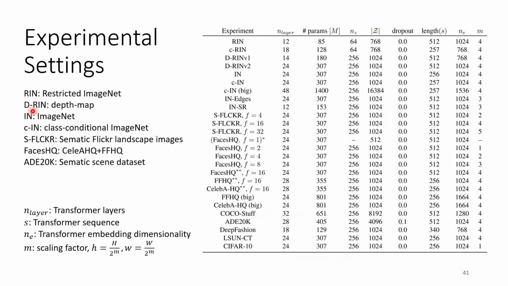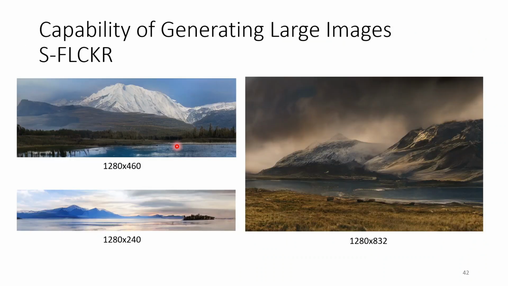And ImageNet is the one we are familiar with. ImageNet is class conditional. And S-Flickr is semantic Flickr. What is S-Flickr? It is a landscape image, and there are some semantic maps available.